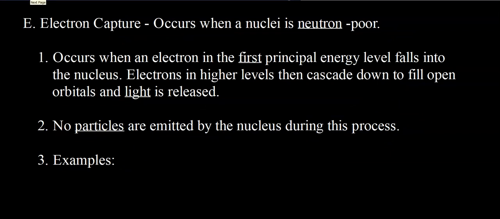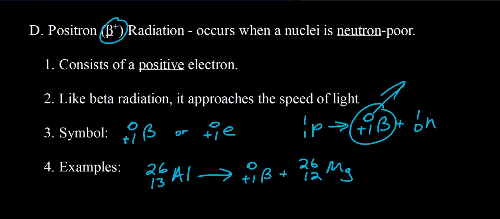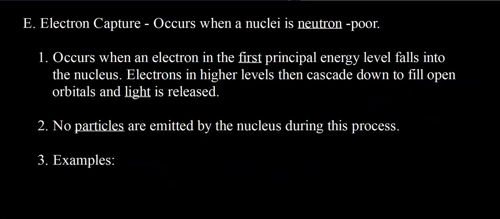All right, next up we have electron capture. Electron capture will occur with nuclei that are neutron-poor. I think we just said that, didn't we? Interesting. So both of these happen, and you can see that in your table or the graph on page 936, that this occurs with nuclei that are neutron-poor or proton-rich.